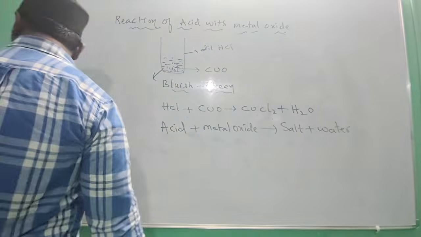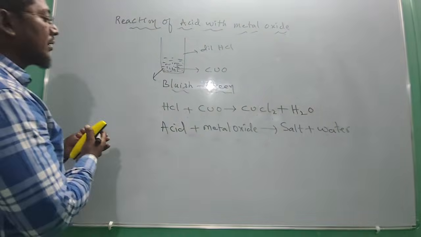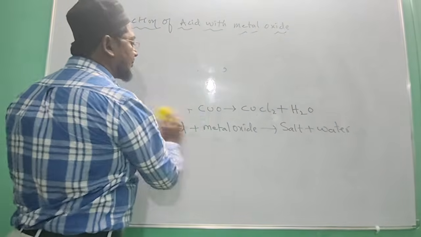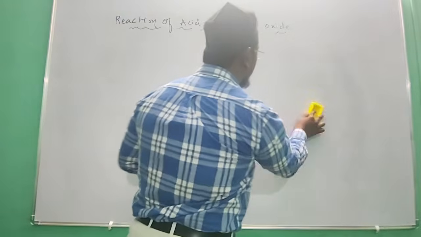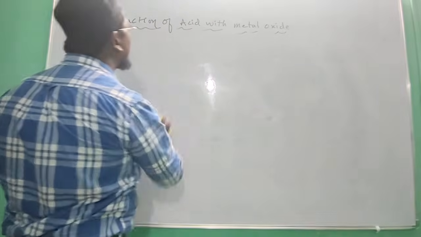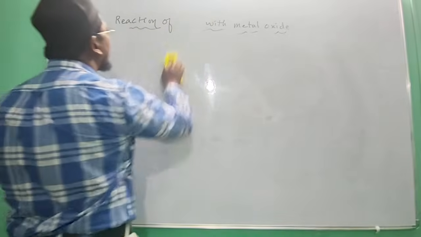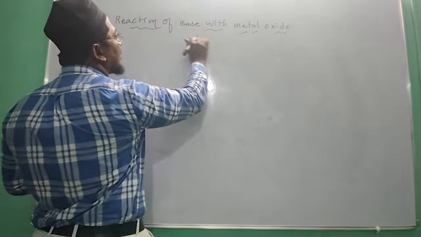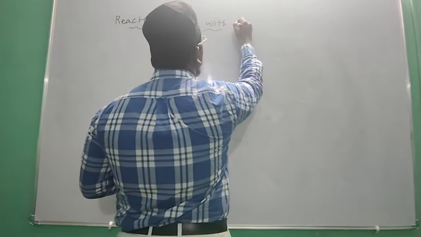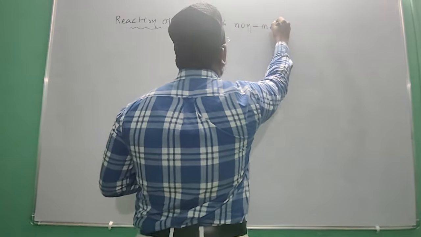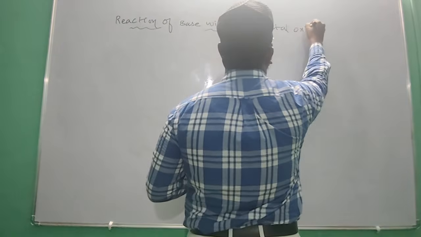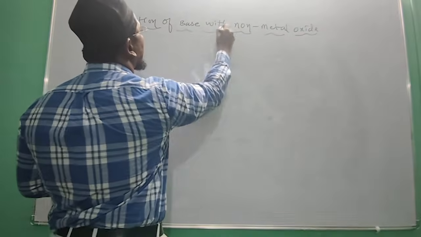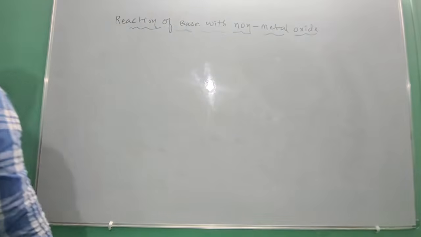Similar activity we will do with the reaction of base with non-metal oxide. Instead of acid, I am taking base, and instead of metal oxide, I have to take non-metal oxide.